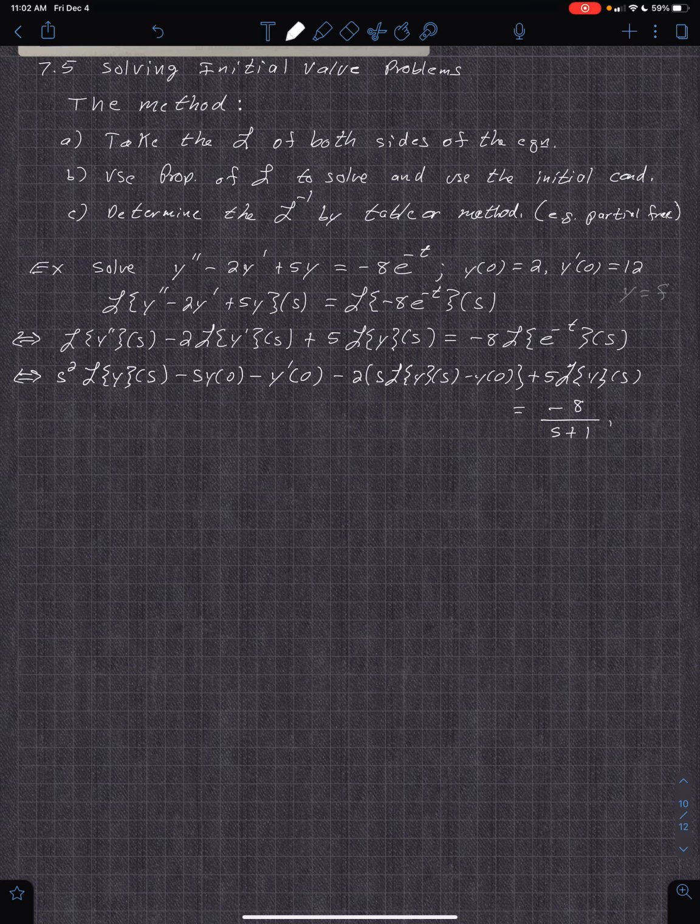So to simplify things, what we're going to do next is we're going to let L of y of s be just capital L. You can do that. I think I've already seen you guys do that.